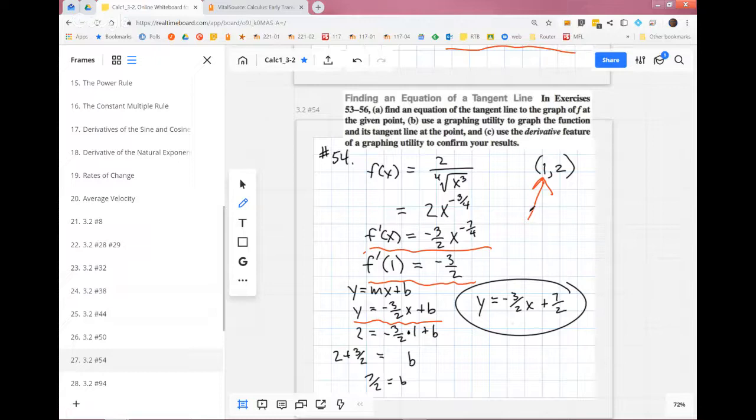Okay, now I gotta try to keep track of this. So we got 2x to the negative 3/4 power, and the point is 1, 2, and y equals negative 3/2 x plus 7/2. Let's see how that looks.